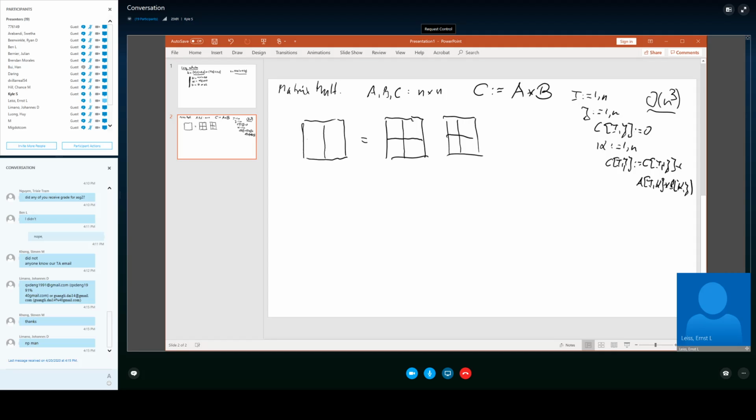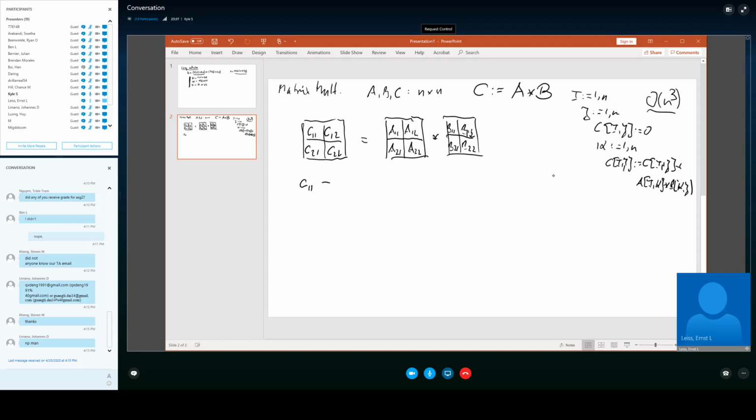So if this is A11 and A12 and A21 and A22, then this is B11 and B12 and B21 and B22 and C11 and C12 and C21 and C22. And now what we can do is write this multiplication in terms of those quarter matrices.